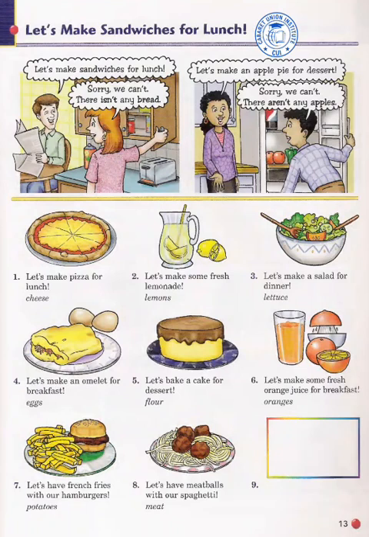Do exercise 1 based on the first model. You will hear the correct line after you speak. We'll begin. Let's make pizza for lunch. Sorry, we can't.